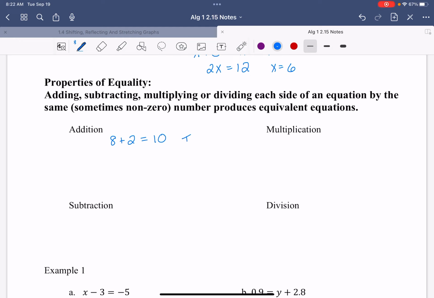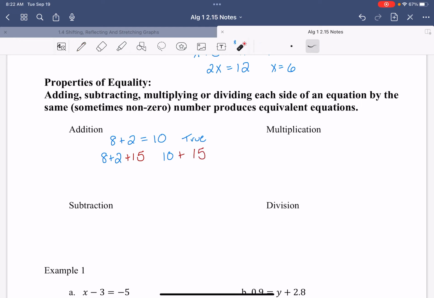It is true. I can add the exact same thing to both sides and it keeps it true. I can take this side, my 8 plus 2, and I can add 15. I can take the other side and add 15.